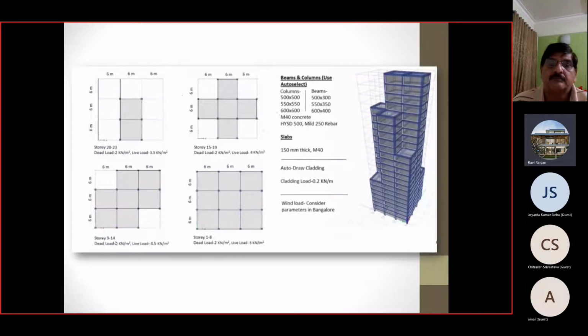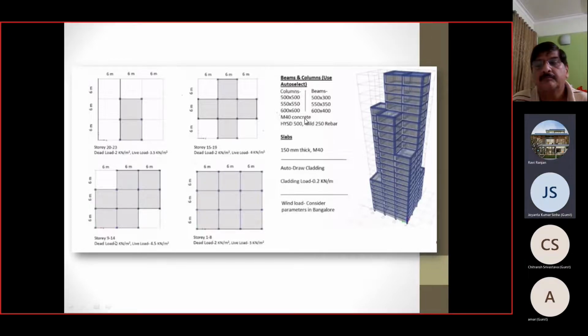Okay, so tomorrow we'll see this building in STAAD Pro, and here we have some section properties for column and beam: 500 by 500 mm, 550 by 550, then 600 by 600, and the beam sizes 500 by 300, 550 by 350, 600 by 400.